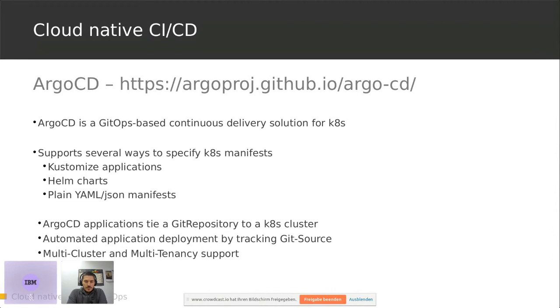And also there's multi-tenancy support in ArgoCD. By defining several so-called projects, we can separate our projects and assign the rights that each team needs, and then have a separation between those applications.